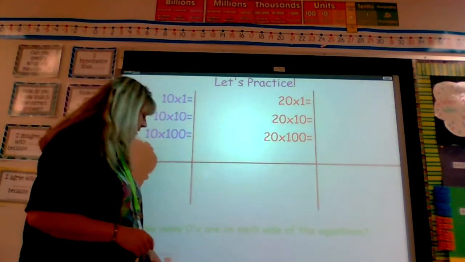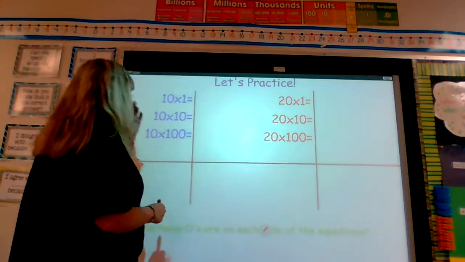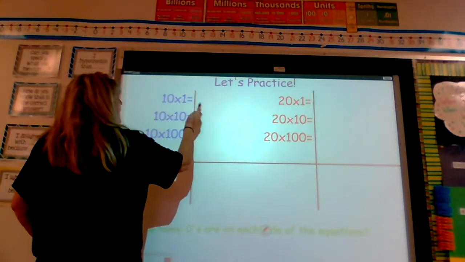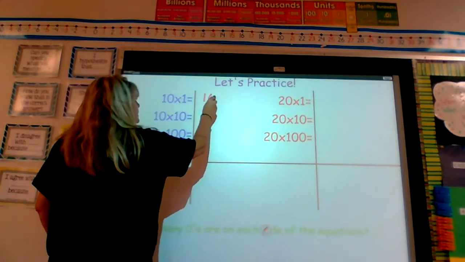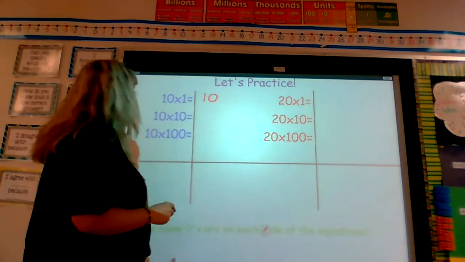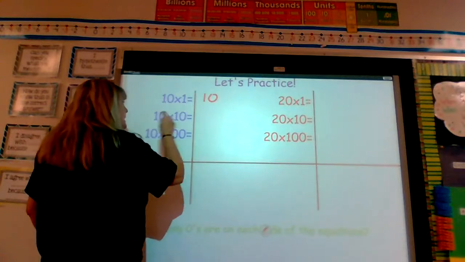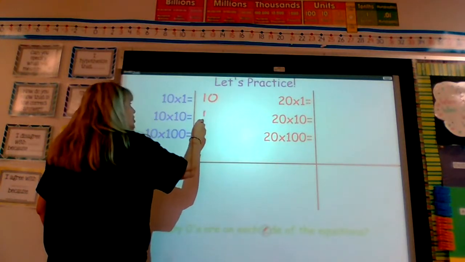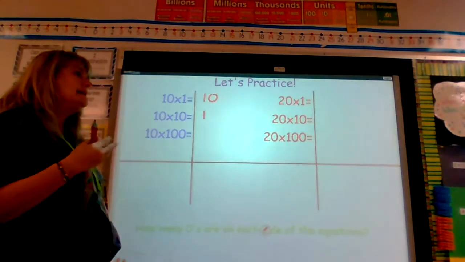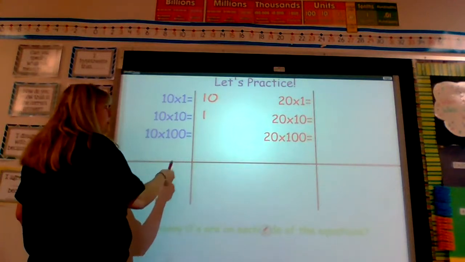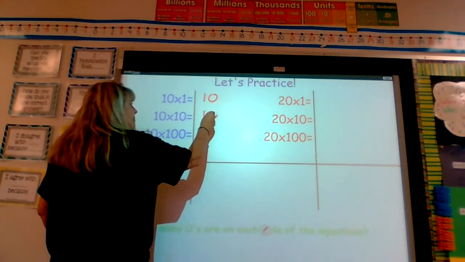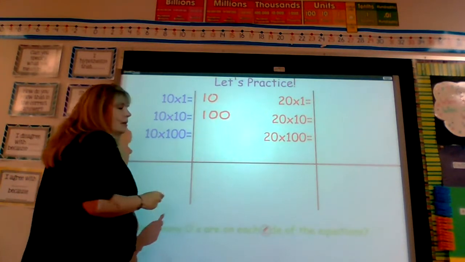Okay, let's look at this and let's have some practice. So, I know 10 times 1 is 10. Well, 10 times 10, well, we just talked about that, and if you're adding the same amount of zeros as what you're multiplying by, wouldn't that be 100?